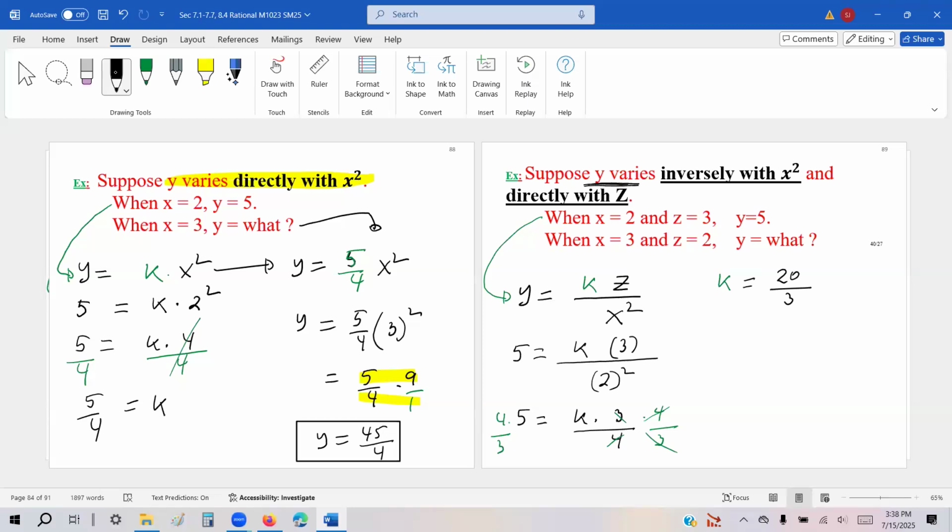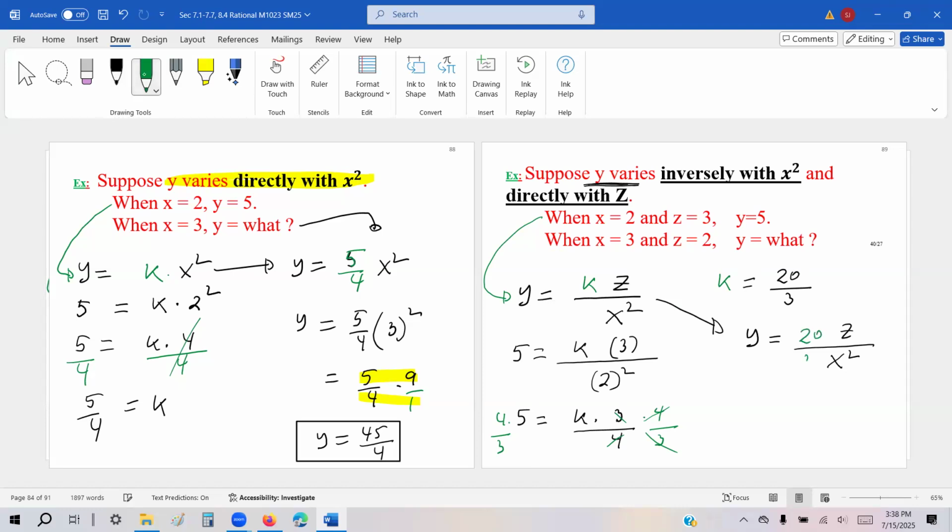So now we are going to rewrite our equation, because now we know what k is. Y equals k z over x squared. And our k is a fraction. Since k is a fraction, you have two choices. Either write the fraction on the numerator, which will make your life harder, or simply split your fraction into top and bottom.